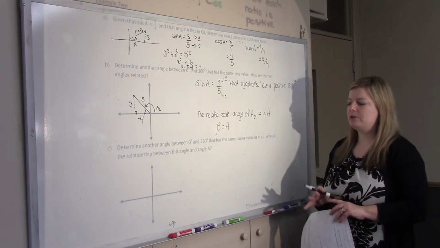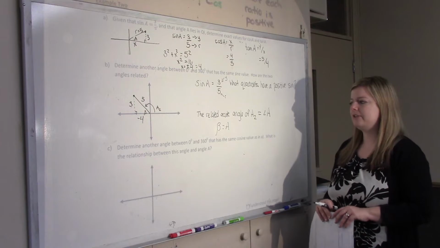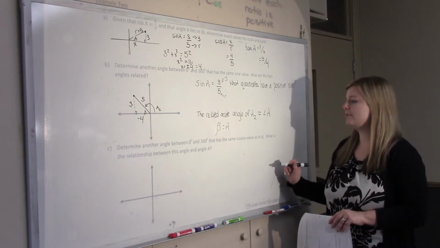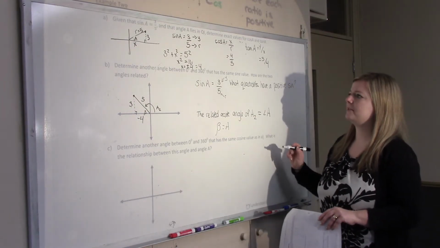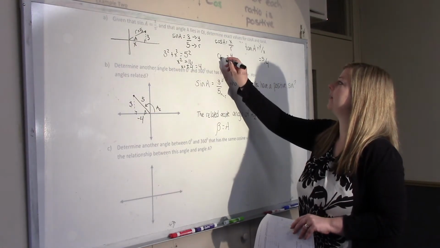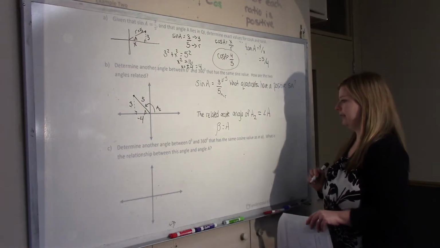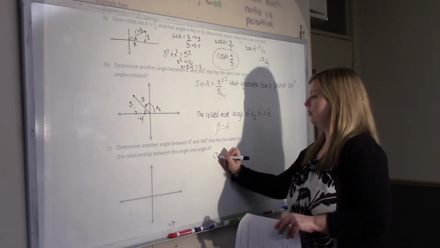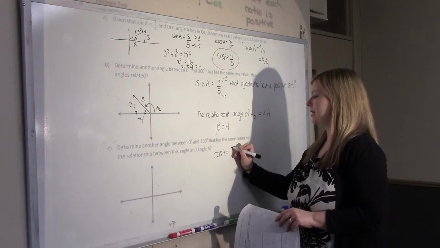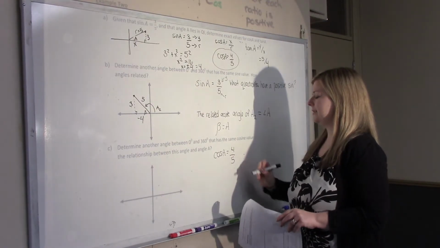Determine another angle between 0 and 360 degrees that has the same cosine value as A. So our cosine value here was 4 over 5. Okay? So cos of A was positive 4 over positive 5.